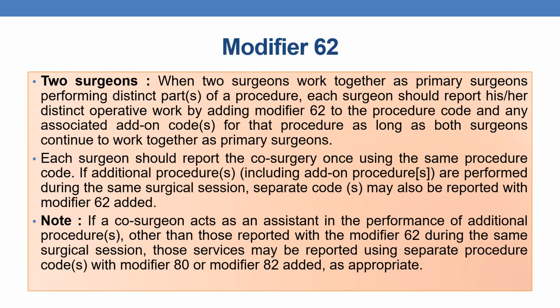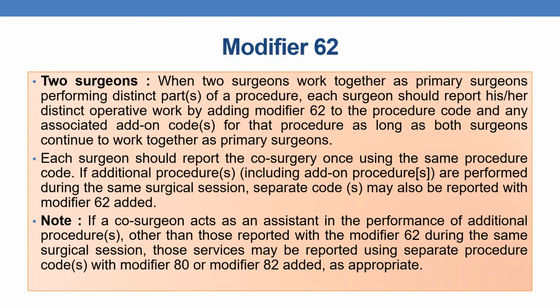So whenever two surgeons work as primary surgeons for a particular procedure, you can use the 62 modifier. In the case of spine procedures, certain segments allow the 62 modifier and certain segments do not. We will discuss that point in detail when we talk about that particular topic.